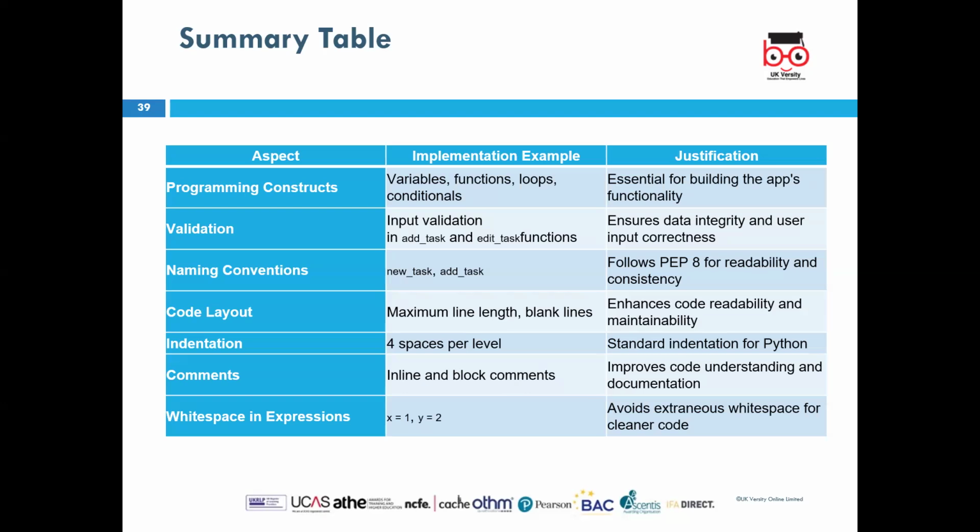Naming conventions, we explained how this has to be done. Code layout, we looked into the maximum length. Indentation, we looked into the four spaces per level. And we also looked into commenting and how the hashtag is used.